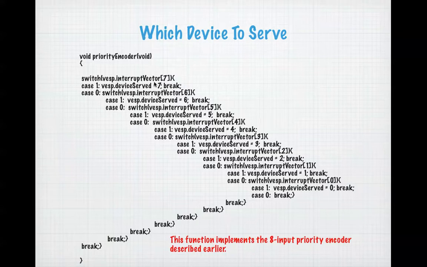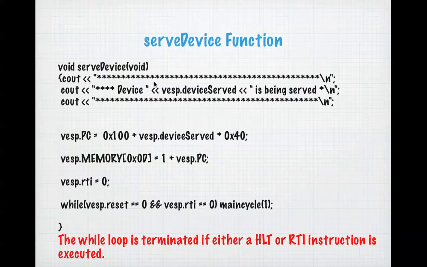And once we know what device to service, we then set the program counter to that device's interrupt service routine location, which is like 100 plus 40, or hexadecimal 40 times the device ID, and then start executing until an RTI or a halt instruction is invoked.